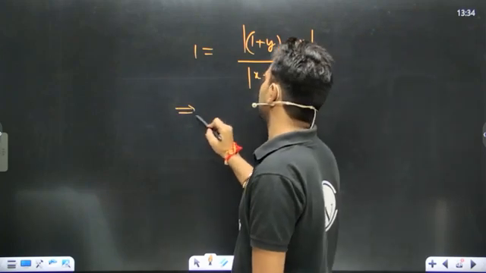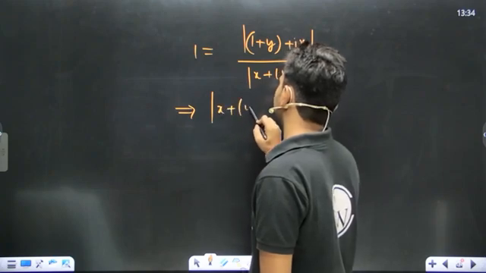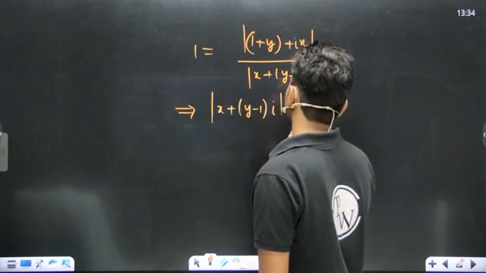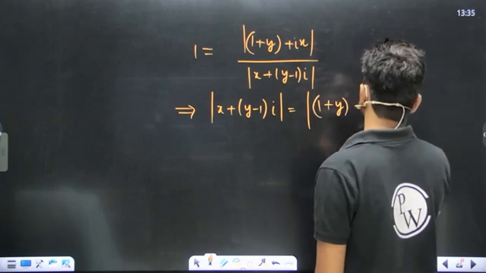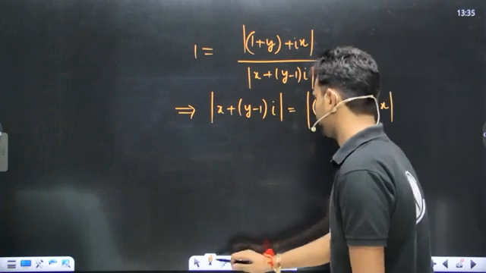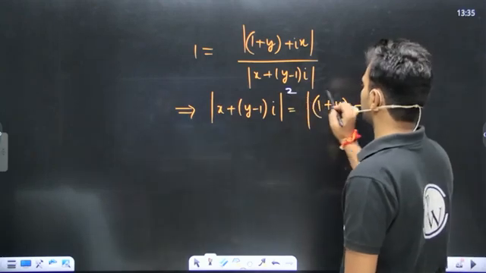So if we cross multiply, then the two things are going to be the same. If these two things are the same, then their squares will also be the same. Yes or no? So their squares are also going to be the same.